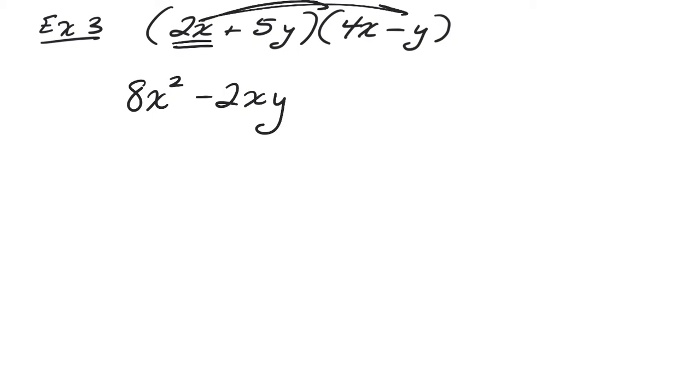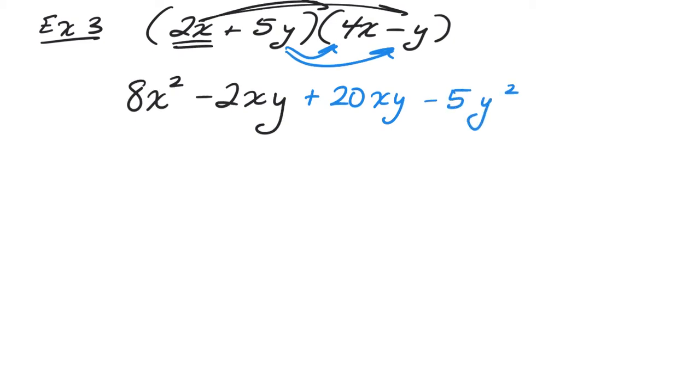And then for my second one, it's the double distribution: the 5y multiplies both of those two. So 5y times 4x, 5 and 4 make positive 20, x and y just make xy. And then the last one I have is 5 times negative 1, which is negative 5, and y times y makes y squared.